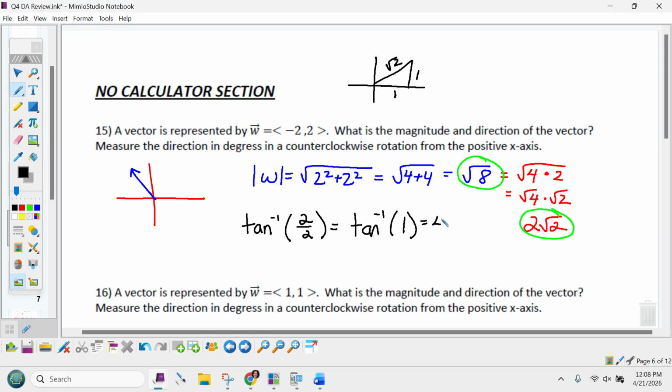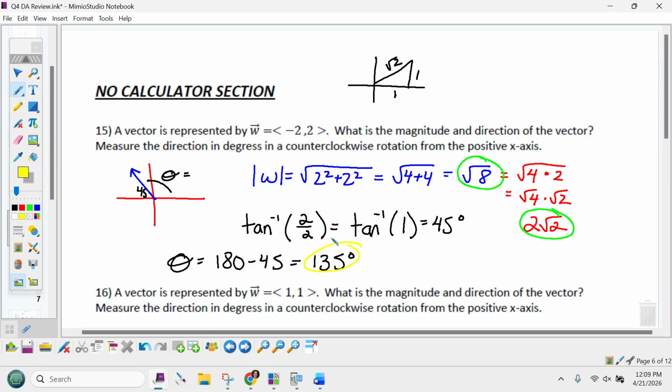And that is 45 degrees. So our reference angle is 45, which means the direction is 180 minus 45 for a direction of 135 degrees.